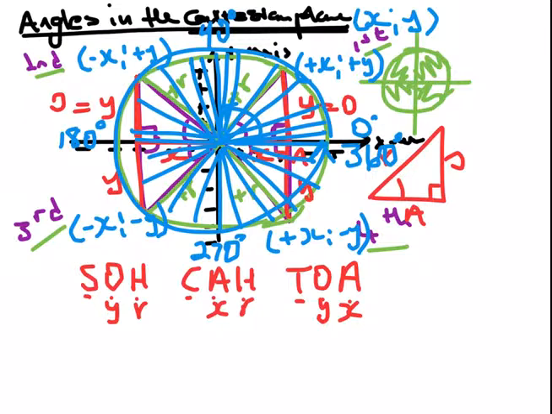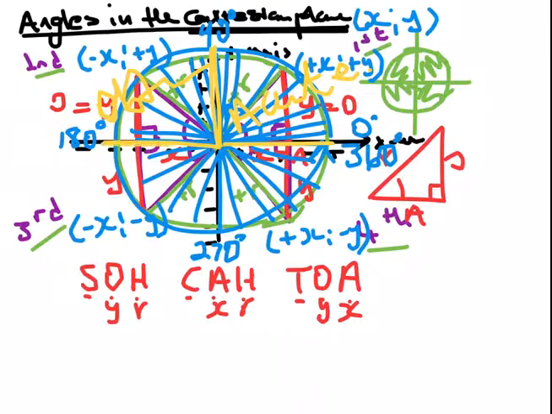Most importantly, what we should remember is that angles between 0 and 90 degrees we call acute angles. Angles between 90 and 180, I think those are obtuse angles.